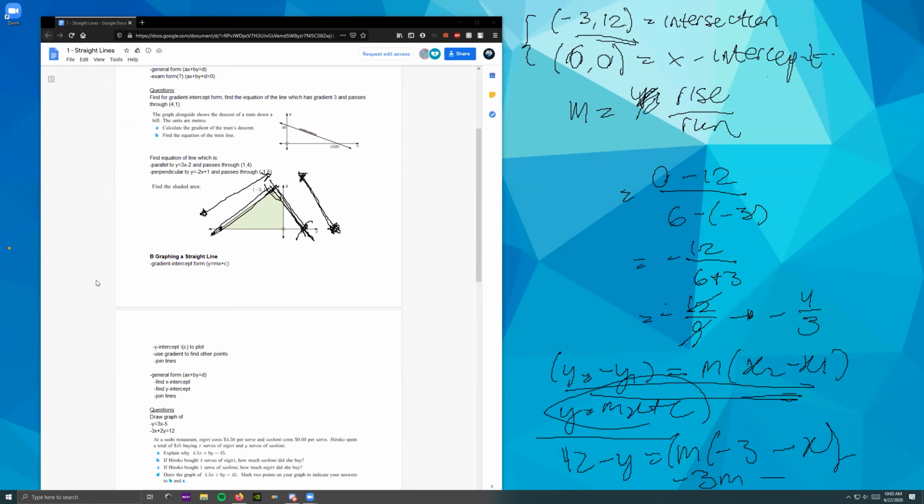Oh yeah, don't forget to insert the m. The m is minus 4 over 3. Let me just redo this somewhere else. 12 minus y equals minus 4 over 3 times 3 minus x. And that gets you minus 4 plus 4 over 3x is 12 minus y.